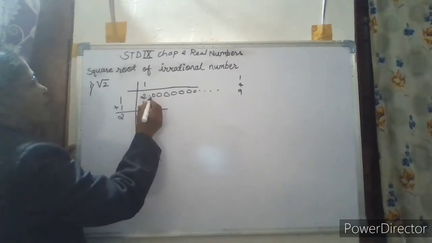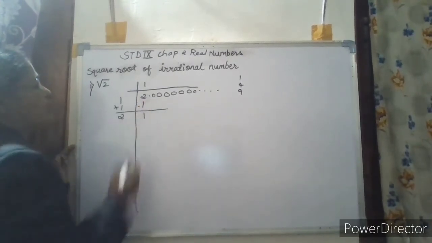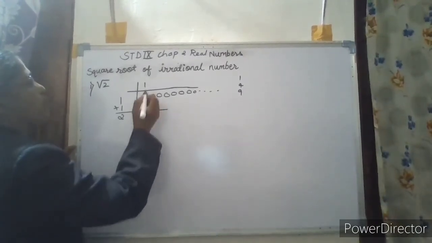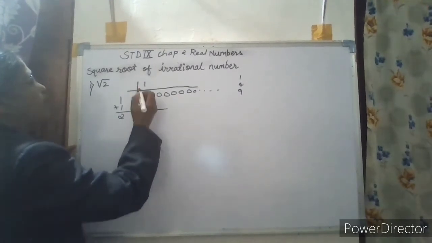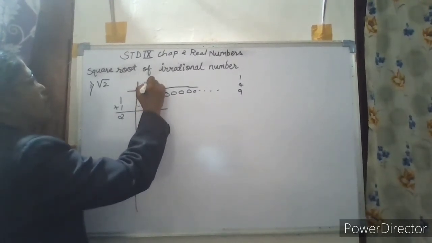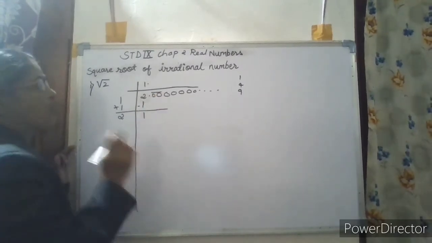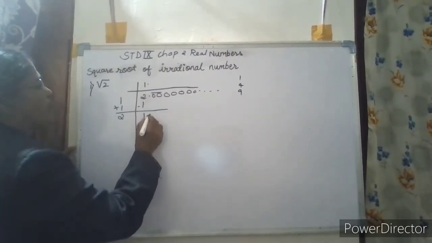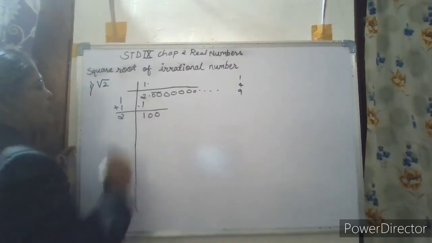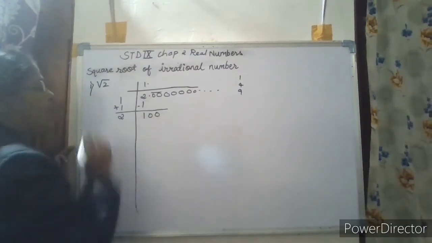Then I want to bring down the zeros. Before bringing down the 0, put the point here. Bring down 2 zeros at a time. It is 100.